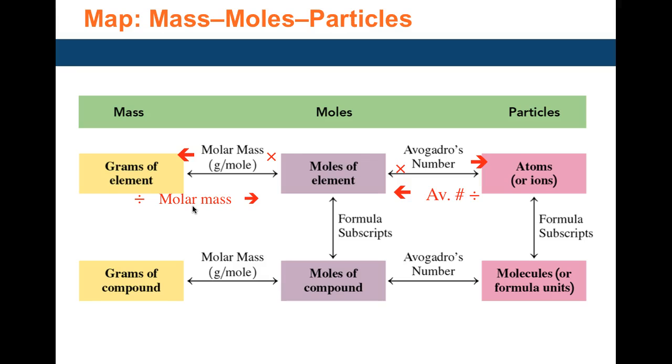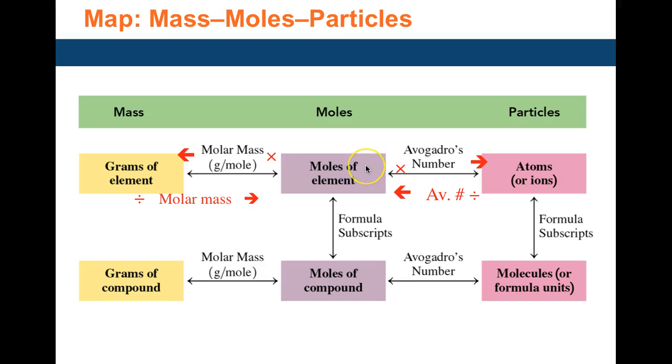But if you're converting moles to grams, then you multiply by the molar mass, all right? Moles is a small number. Grams is going to be a larger number. So when you're converting a smaller number to a larger number, you're multiplying. When you're converting a large number to a small number, you divide, okay?